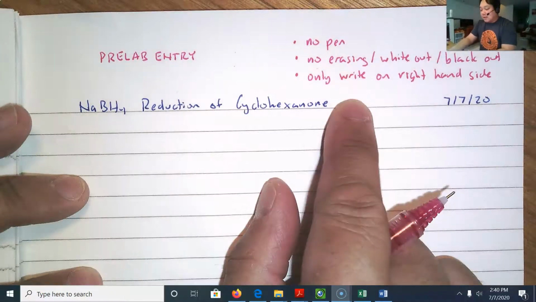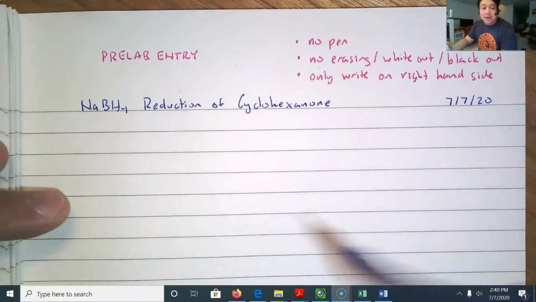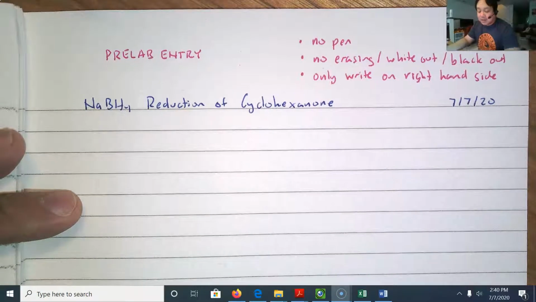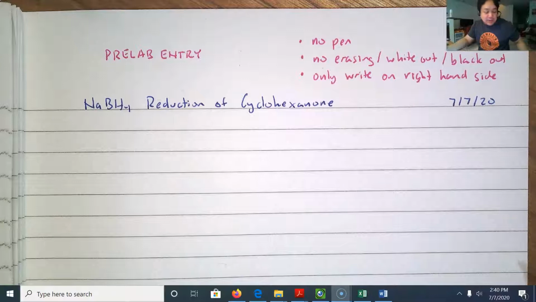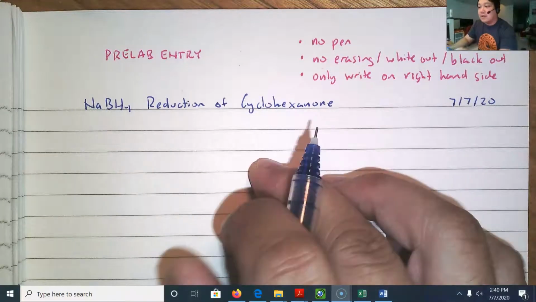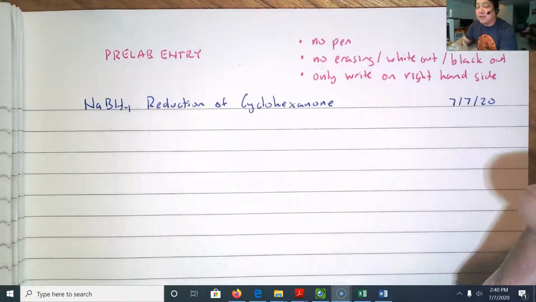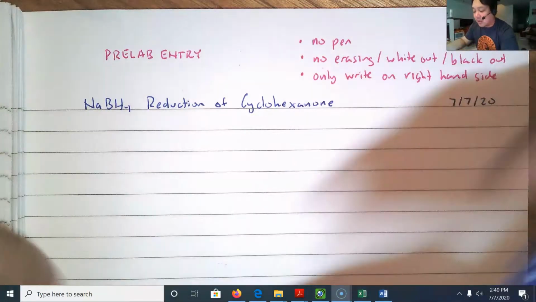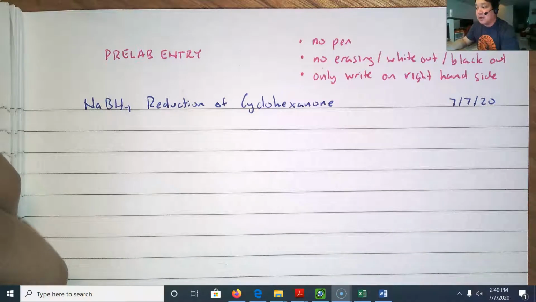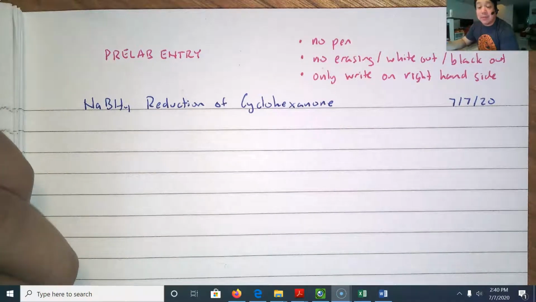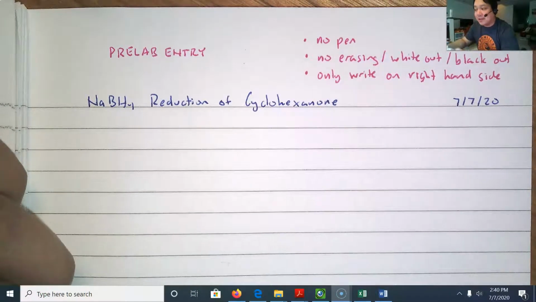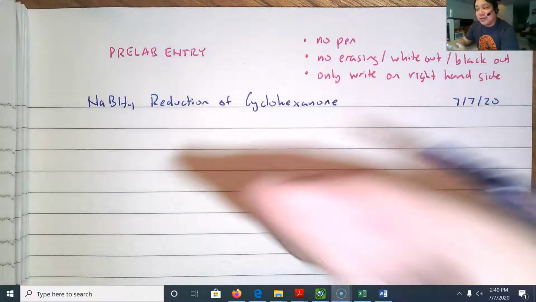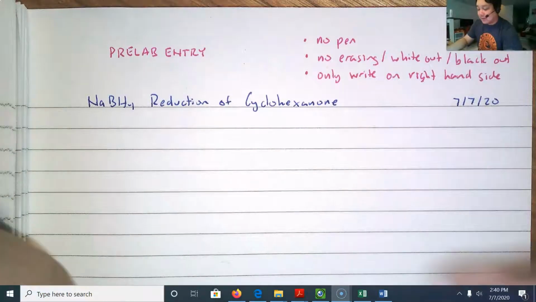Okay. After the title, well, we have a reaction, and the purpose of what I want to put after the title is the reason why I want to do this is I want to be able to glance at your notebook and instantaneously know what the reaction was about, what the lab was about, and what was the key feature or the key thing that we were learning.